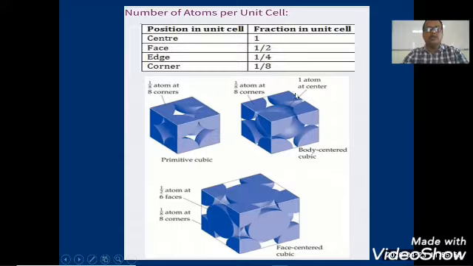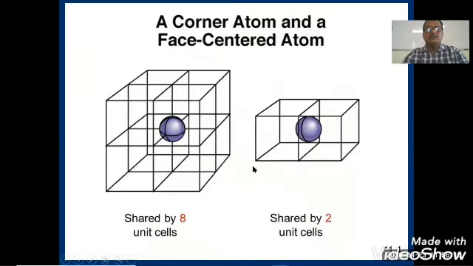If units are at the corner, then each corner is shared by 8 unit cells, so the fraction per unit cell will be equal to 1 by 8. Whereas if a unit is present at the face center, and each face is shared by 2 unit cells, the fraction per unit cell will be half for each unit present in the center of a face.